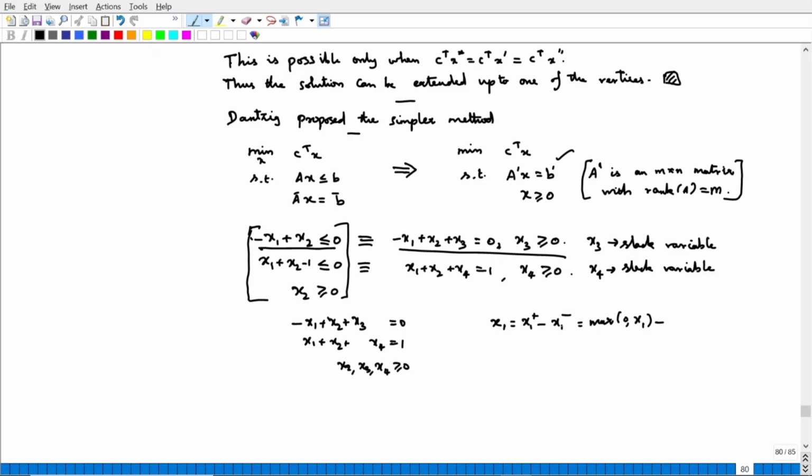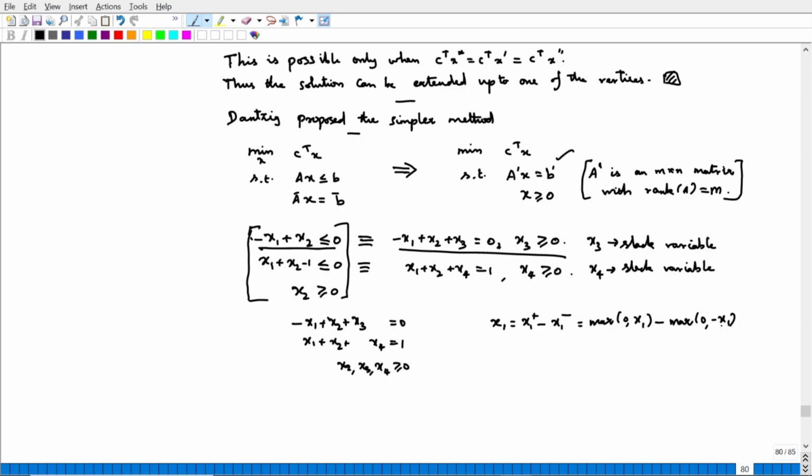And what is x1 minus? x1 minus is 0 if x1 is positive, and minus x1 if x1 is negative. Okay. So, this is actually max of 0 comma minus x1. So, if x1 is positive, this is 0, if x1 is negative, then minus x1 is positive.